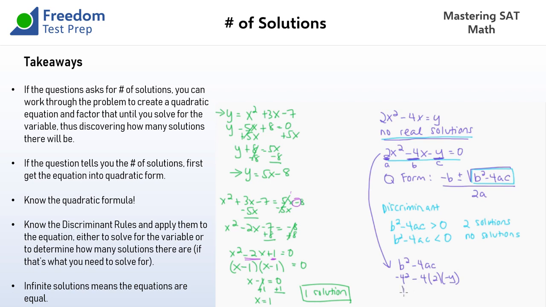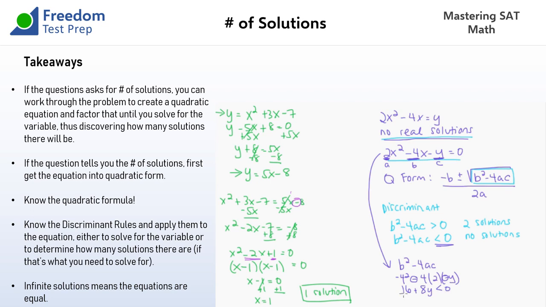So we have 16 minus 4 times 2 is 8, and we have a negative here and a negative here, so it's just going to be plus 8y. And we know because it's no real solutions, no solutions means it's less than 0.